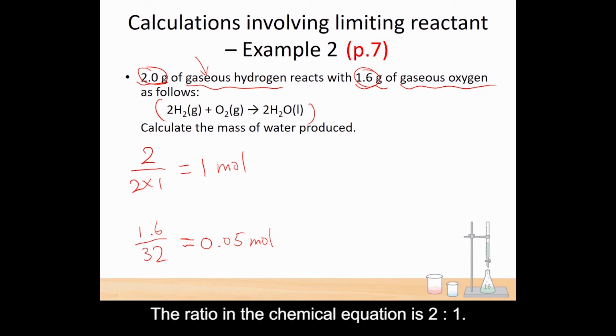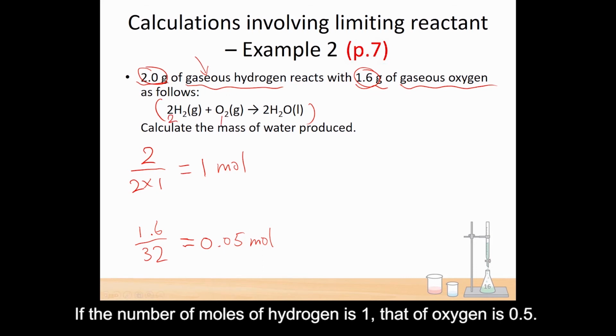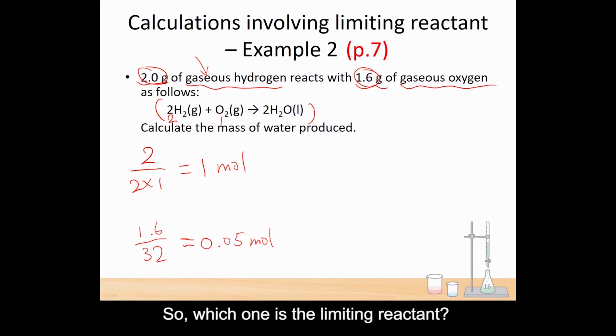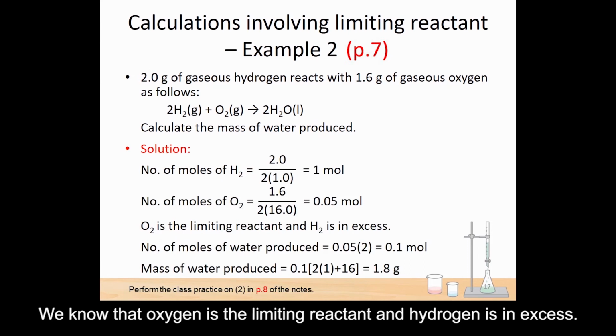The ratio in the chemical equation is 2 to 1. If the number of moles of hydrogen is 1, that of oxygen is 0.5. But if the number of moles of oxygen is 0.05, that of hydrogen is 0.1. So, which one is the limiting reactant? We know that oxygen is the limiting reactant and hydrogen is in excess.